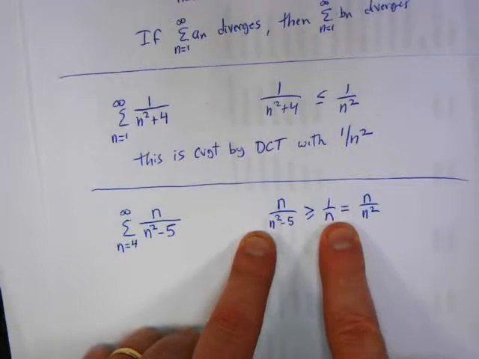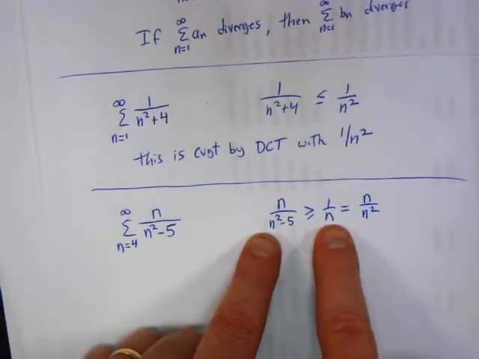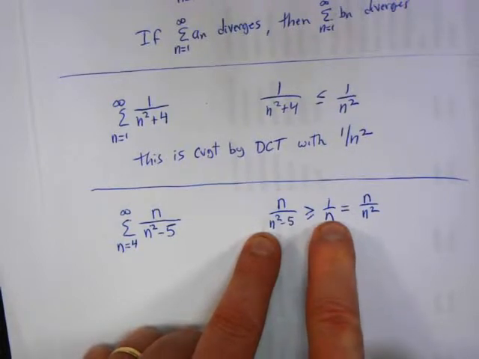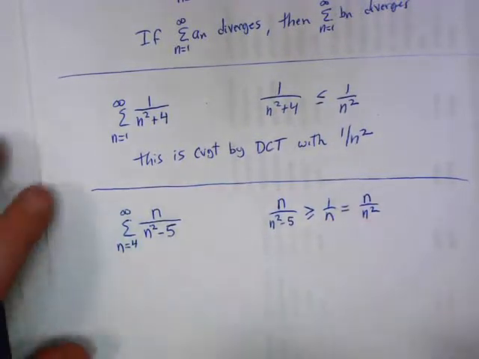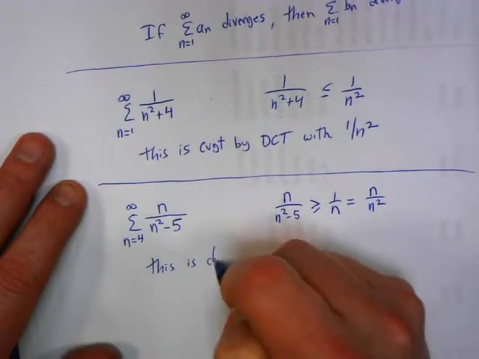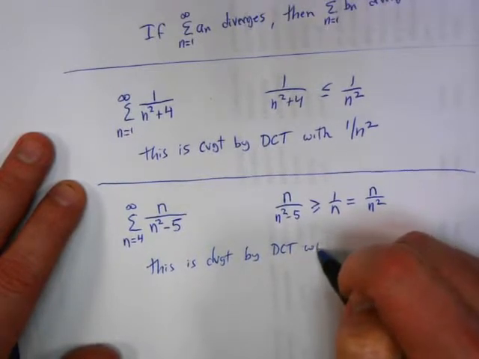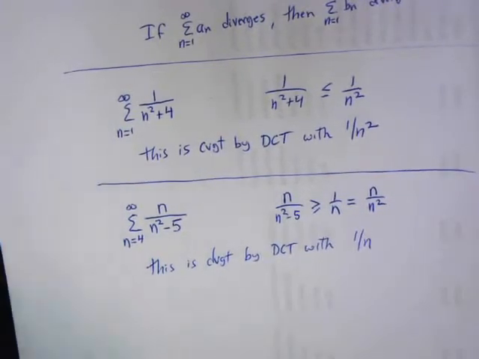So, I think we're done. We have our fraction here is bigger than or equal to 1 over n, and we know that 1 over n is a divergent series. So, our answer would be, this is divergent by direct comparison test with 1 over n.